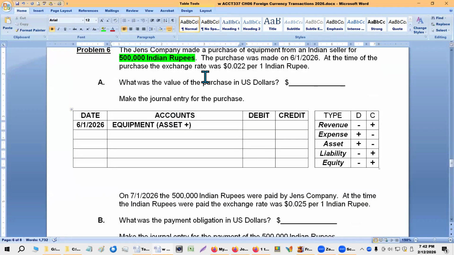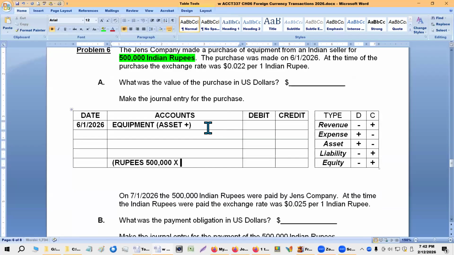Okay, so we owe them this much. How much do we owe them? That's a good question. I'm missing a zero. No, I'm not. Wait, I got my comma wrong.